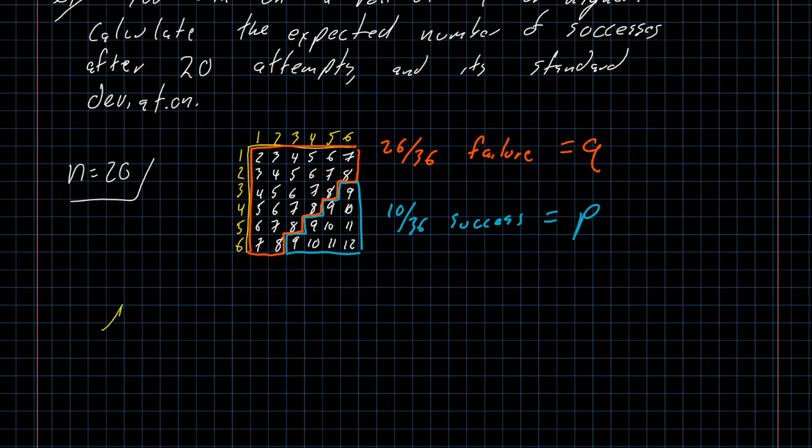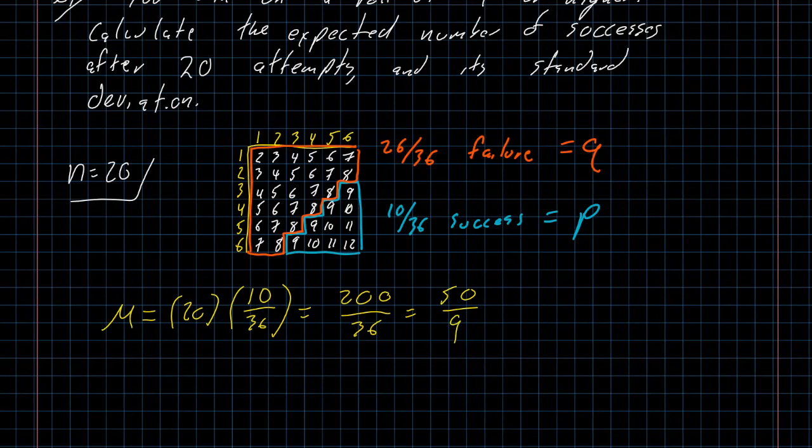And so the expected number of successes is the number of trials times the probability of success, 10 over 36. I could leave that as 200 over 36. Because the top and bottom are divisible by 4, I could rewrite this as 50 over 9 if that is something that you prefer.